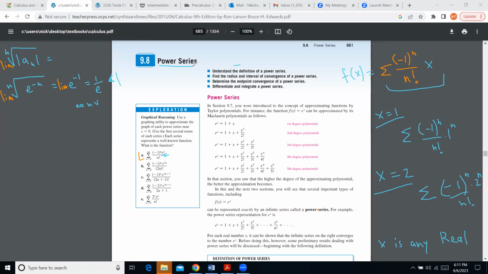And that's why the section is called power series. It has exercises that are way more general compared to what we had seen before, because those other exercises were not functions with variable letter x.